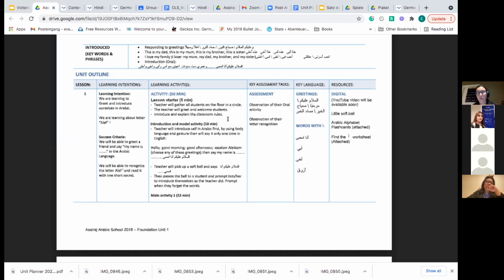So yes, you will change your unit of work and adapt it, but first you have to have your unit of work, and then it's a work in progress. You will not continue with an activity that doesn't work. You will adapt it on the way, but first you have to write your unit of work for the 5 weeks, 6 weeks, 7 weeks, whatever your length is, and then afterwards you adapt it and make your changes.